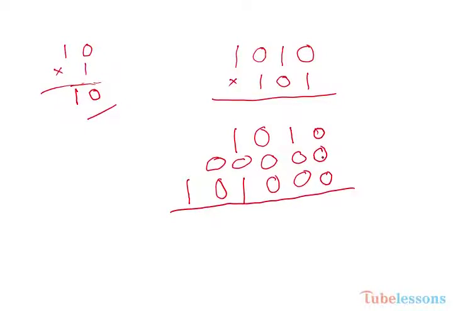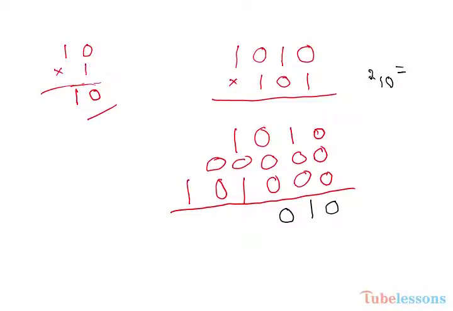Now add up all these columns. So 0 plus 0 plus 0 equals 0, 1 plus 0 plus 0 equals 1, 0 plus 0 plus 0 equals 0, 1 plus 1 equals 2. 2 is a decimal number, so we need to convert it into a binary number.